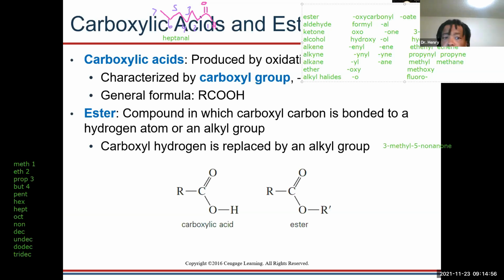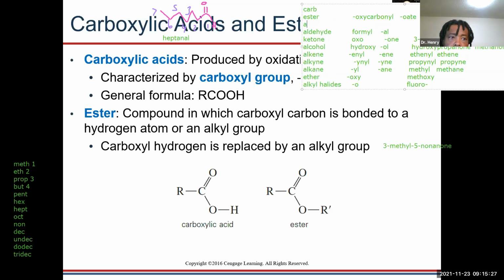Okay, so an example is methyl. And then for carboxylic acid, you can also add amines.